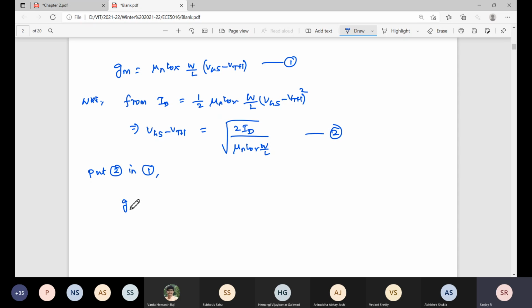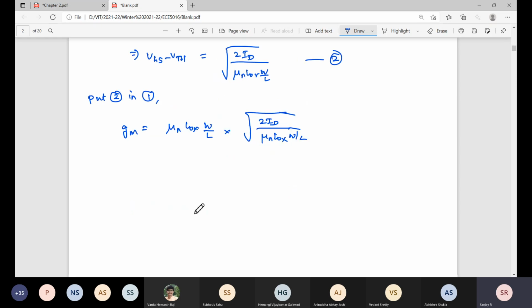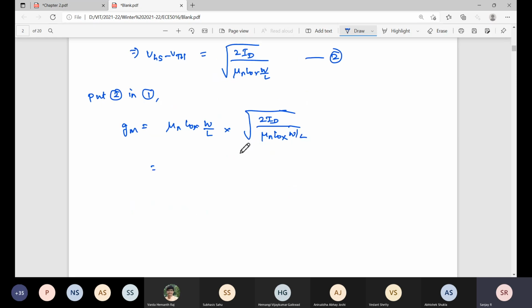We will get gm equals mu n Cox W by L into root of 2 ID divided by mu n Cox W by L. You can see everything comes in the root, so the root is cancelled, and we get root of 2 mu n Cox W by L times ID.